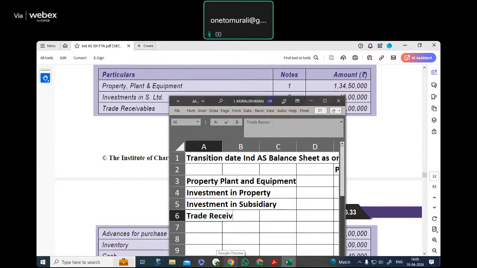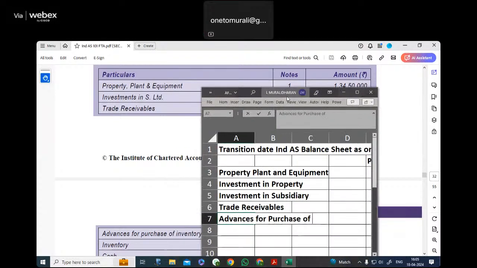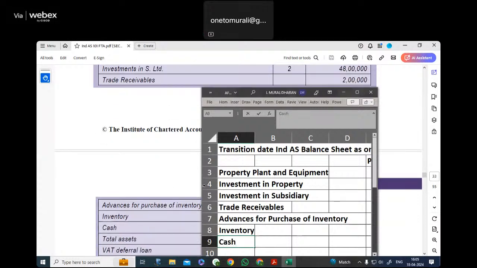Trade receivables, advances for purchase of raw material, I think so. Purchase of inventory, then inventory, then cash balance.